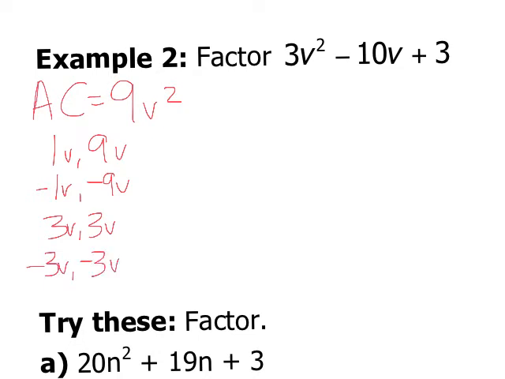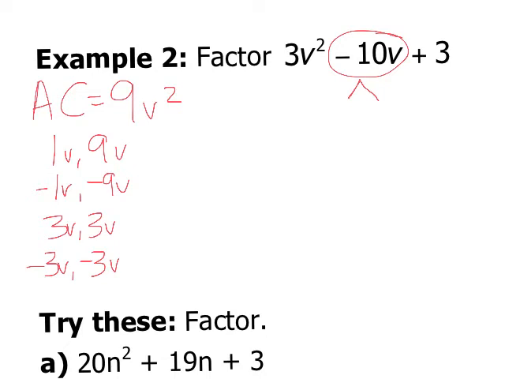So those are all my factors. Remember, my goal is to break that middle term apart. So I want to replace this middle term with 2 factors that equal it. So how could I get negative 10v? I'm not looking to multiply.